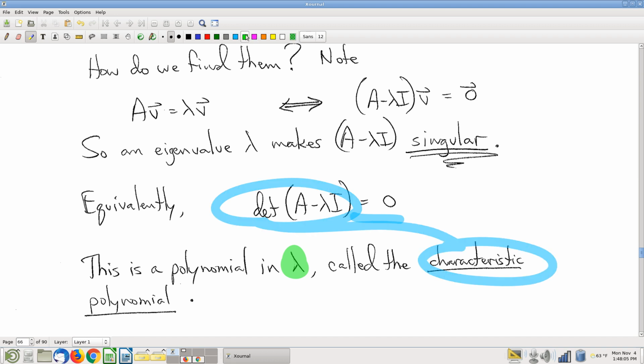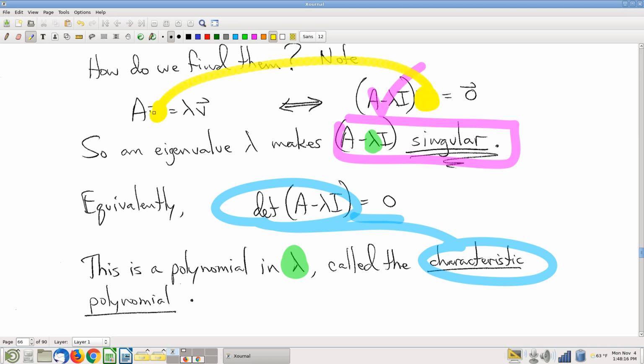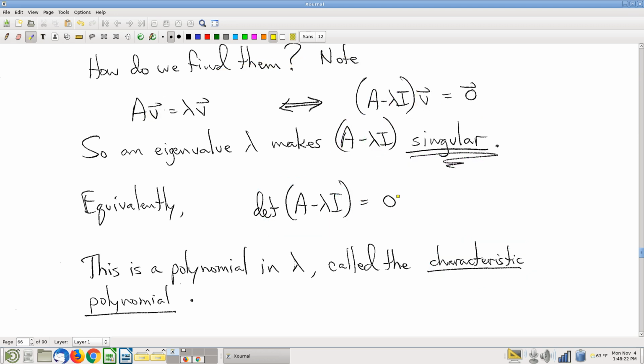Thus, we get values that would make this matrix singular, and therefore, for which we know there exists an eigenvector. That's the strategy. We'll do a bunch of examples in a couple of minutes.